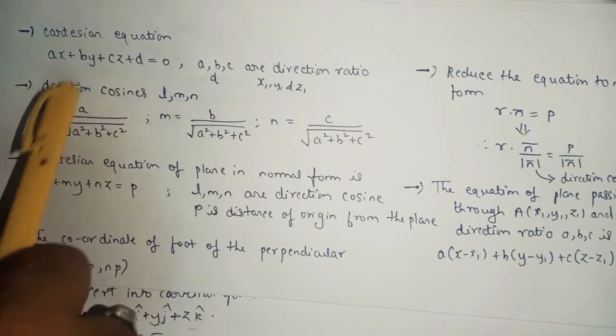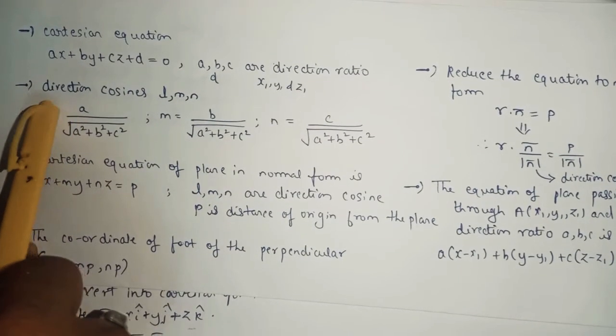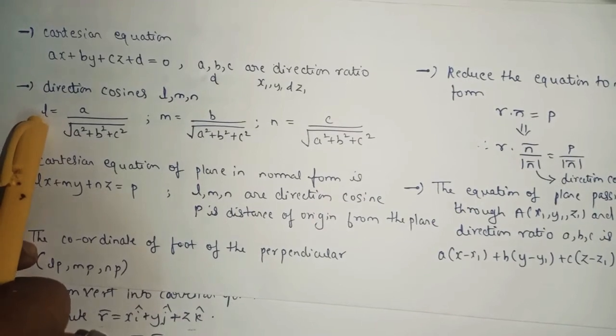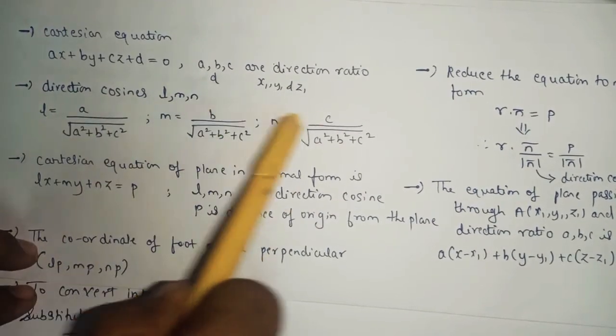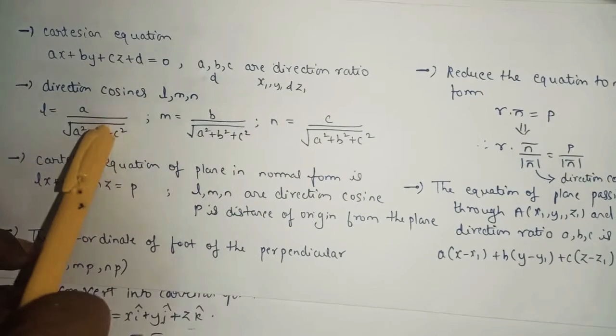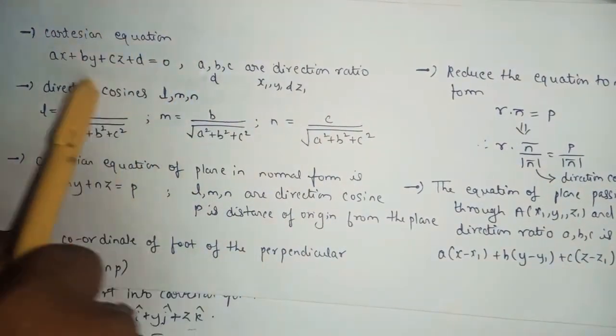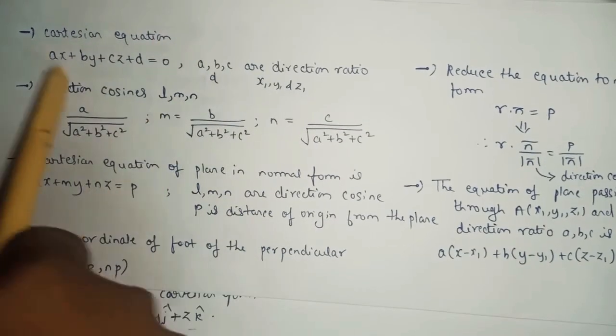So if the question says you have to find the direction cosine, this is the formula. First you have to find a, b, c, the direction ratios, and you get their values when you compare with the Cartesian equation.